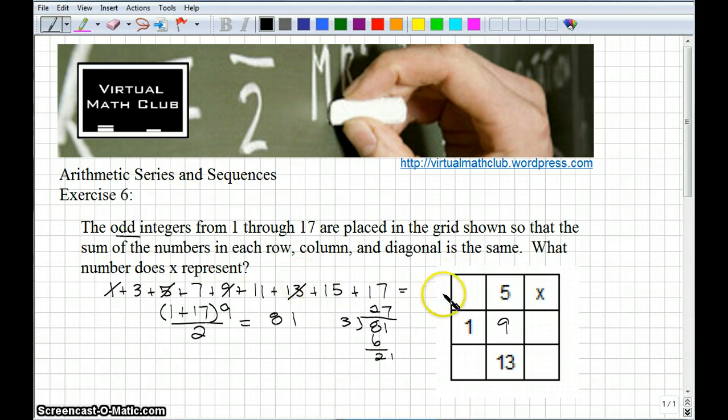We want this column to add up to 27. We've got a 1, so it needs to add up to 26. Now how can we make 26 with the numbers that are left? If we were to take 17, we'd have to add 9 to it to get 26, and we've already used 9, so we can't use 9 again.